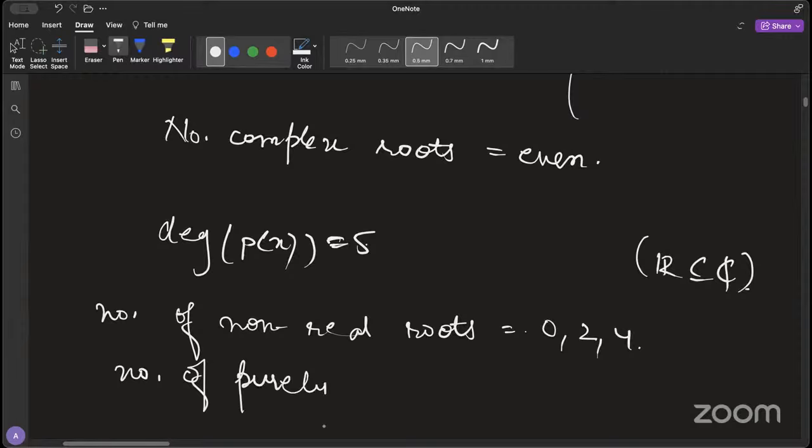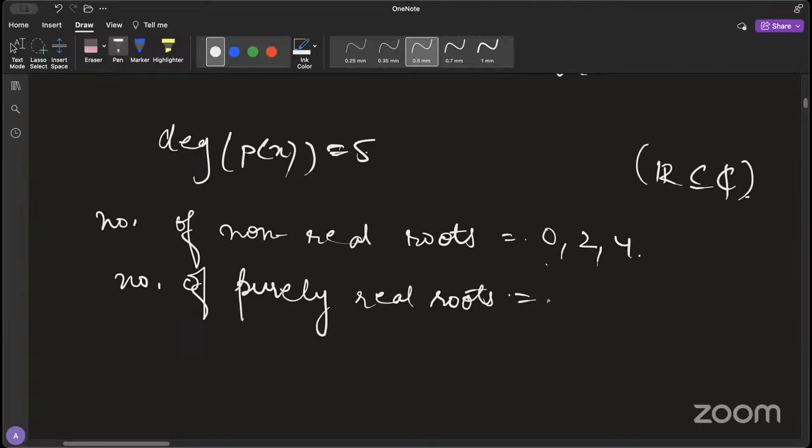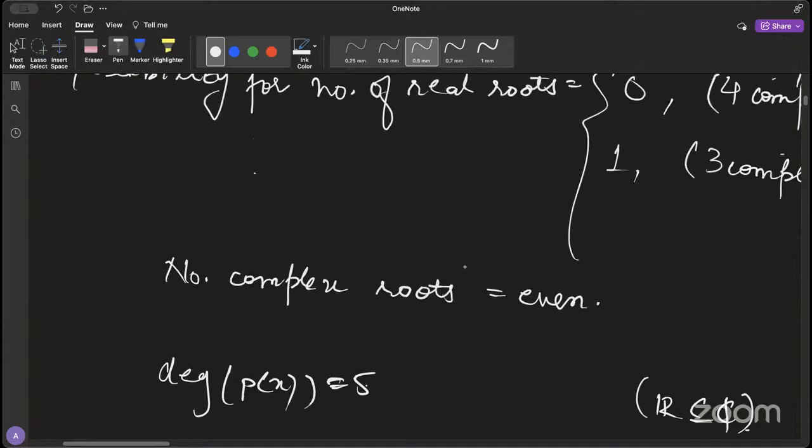So the correct terminology should be number of purely real roots. Now if you have 0, that means it's 5. If you have 2, that means 3. If you have 4, that means 1. So 1, 3, and 5. So for your roots to lie exactly in real numbers, either there could be just one real root or three real roots or five real roots.